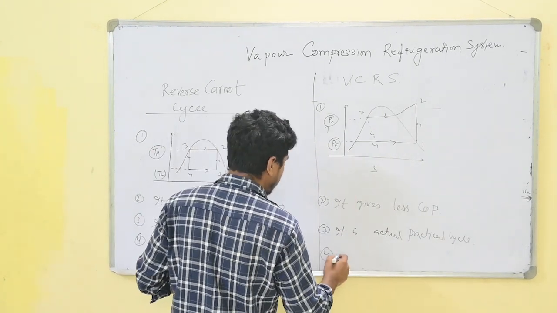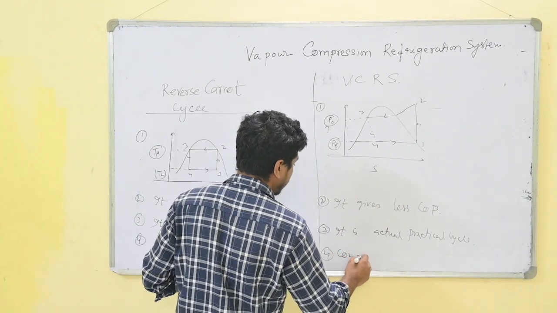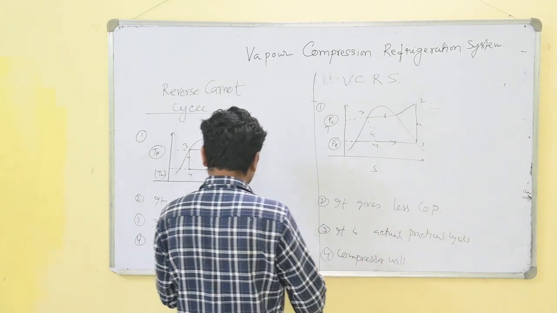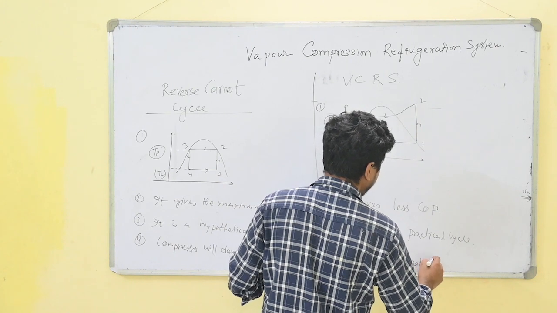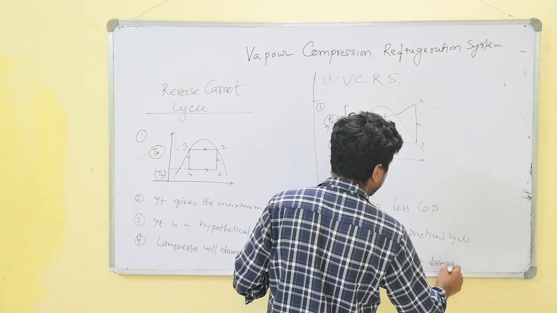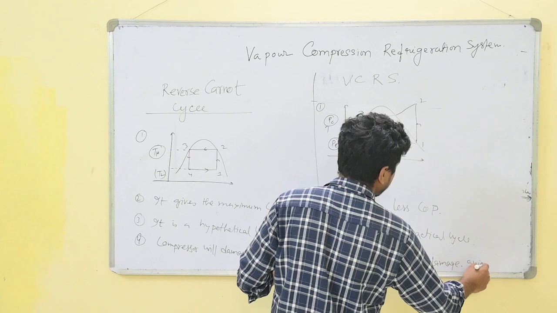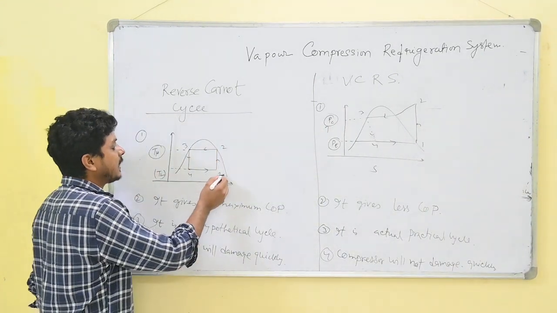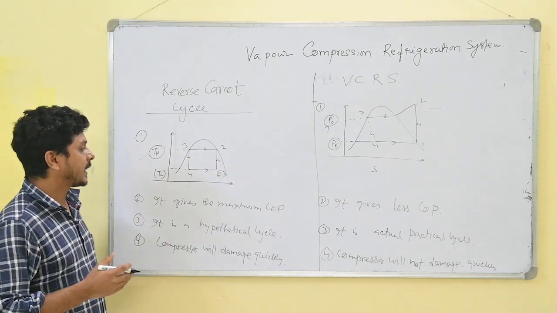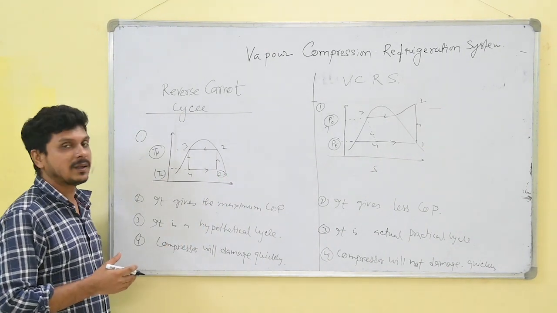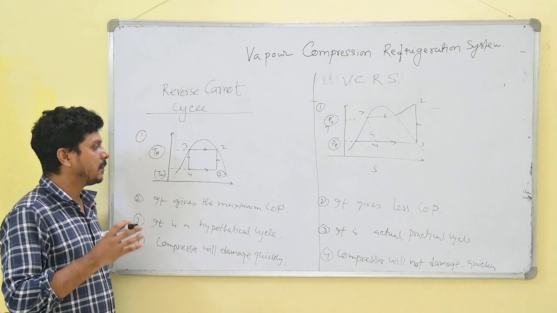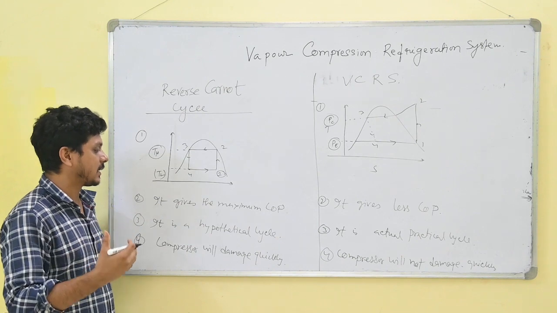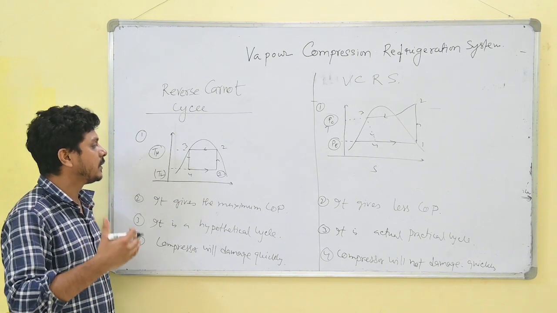If you use the Vapor Compression Refrigeration System, the compressor will not be damaged quickly. In the reverse Carnot cycle, the inlet of the compressor is a combination of vapor and liquid molecules.